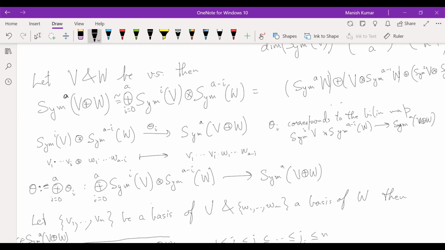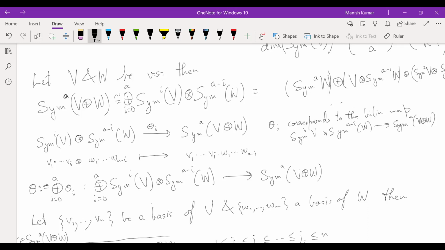So it corresponds to this bilinear map. Every such bilinear map corresponds to a k-linear map from the tensor product to this. So this is your theta_i. I'm trying to give you a map first in the direction from the left-hand side to this. So theta is just the direct sum of these thetas.